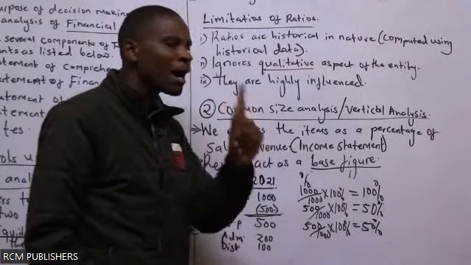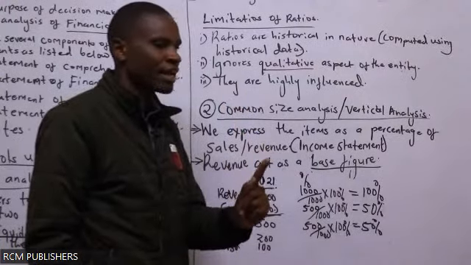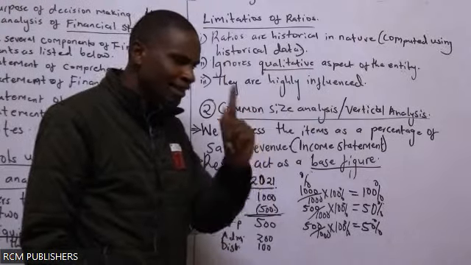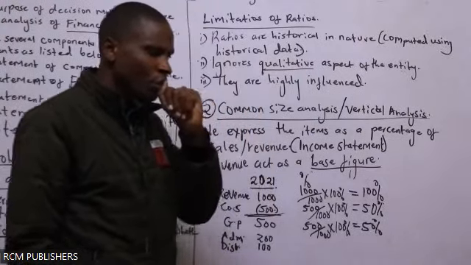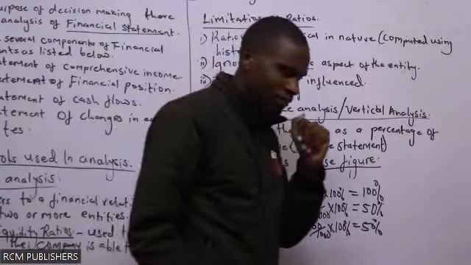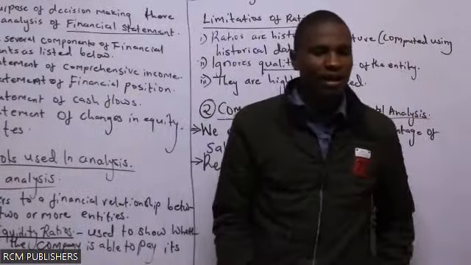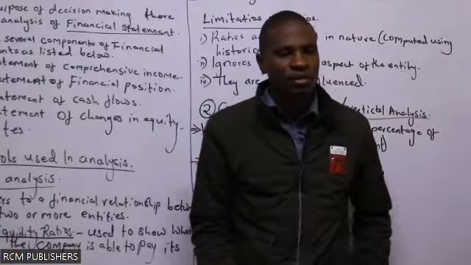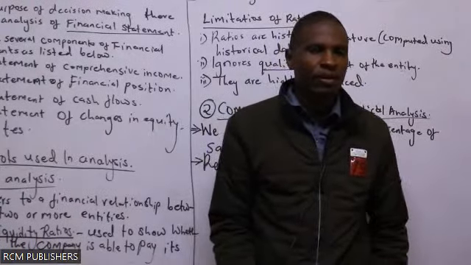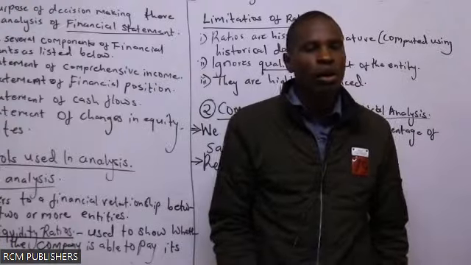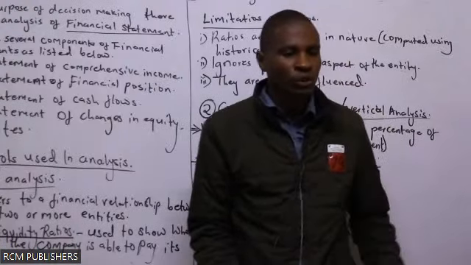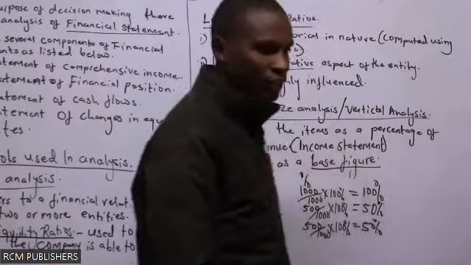When you go to the balance sheet, get it here now. When you go to the balance sheet, what do you think will be common? What will be our common base? This is very, very interesting. What do you think will be our common base when we go to the balance sheet?